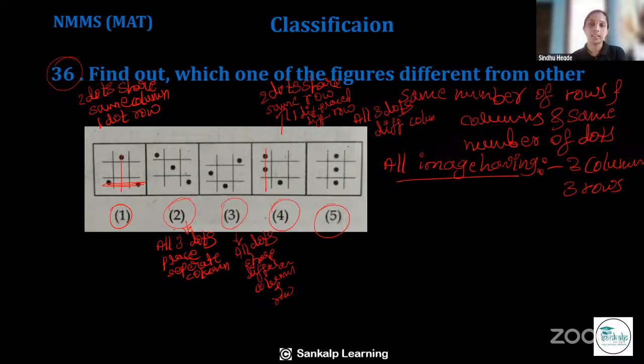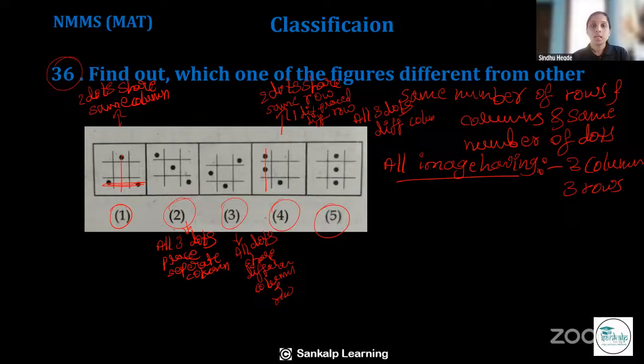Okay, I think it becomes a little confusing. Let me do one thing: only consider the columns. So here, image first, 2 dots share the same column. Then image 2, all 3 dots are placed in separate columns.